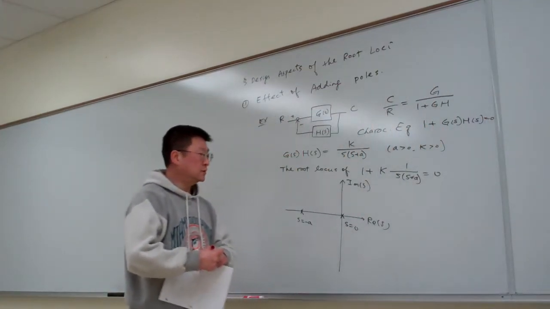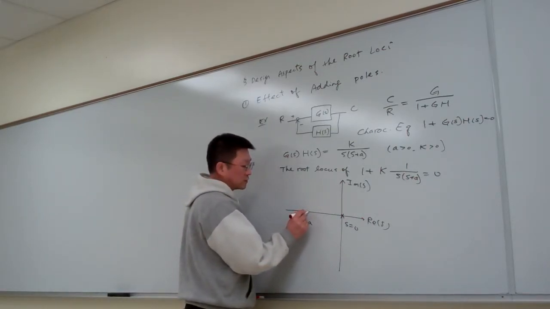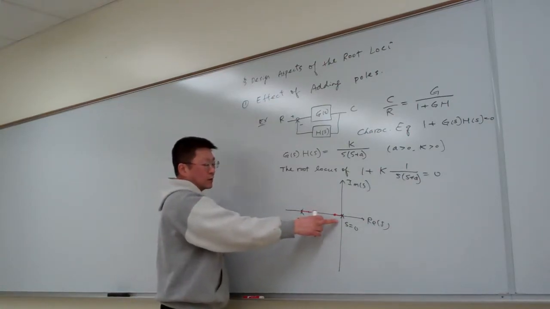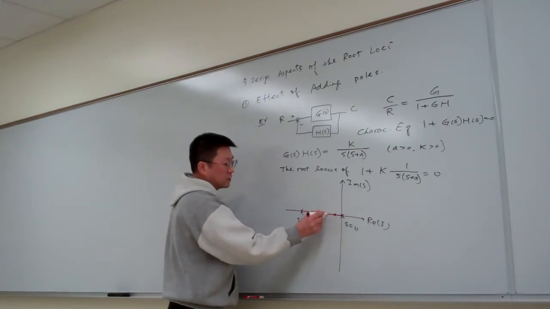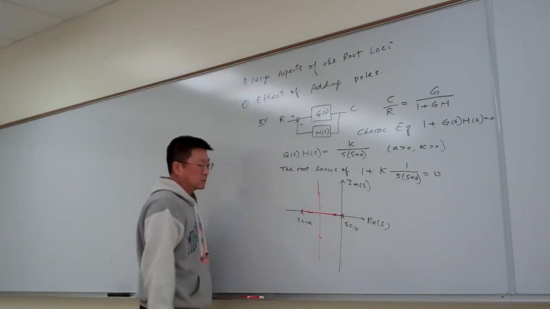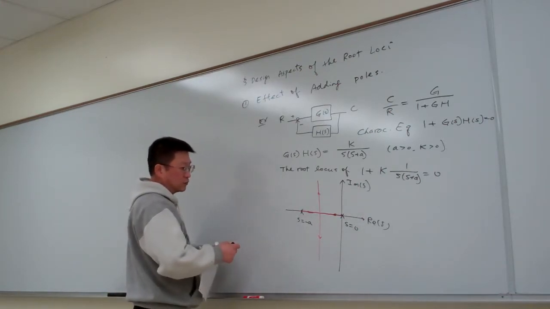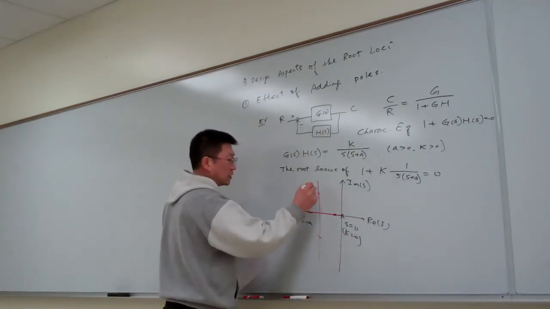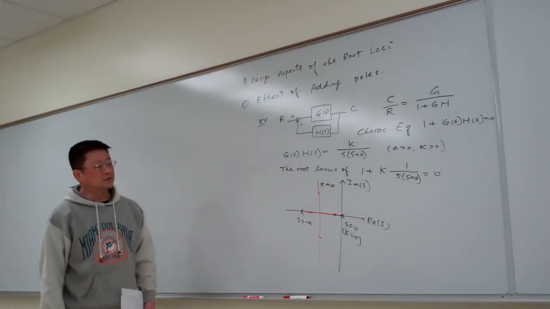By applying the plotting rules, the root locus starts from the pole, and lies on the real axis in the segment here. If we continue, the root locus will look like this. So this end corresponds to K equal to 0, and this one is K approaching infinity.